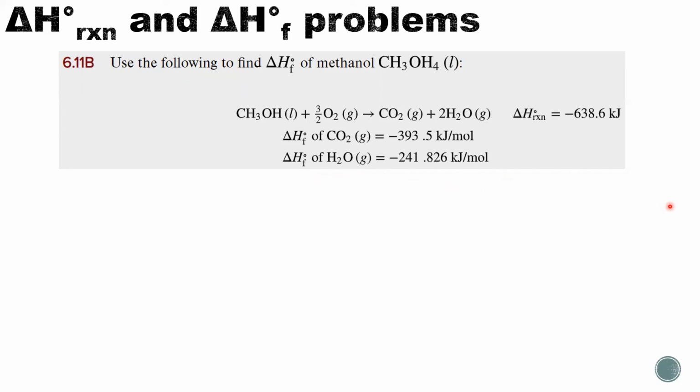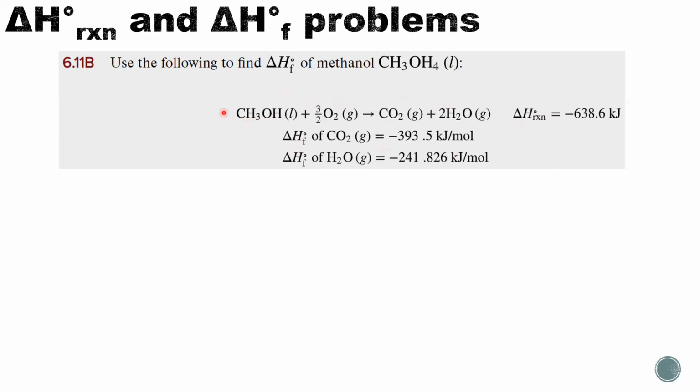Okay, so for this question, it's a different way of asking. Usually the standard heat of formation is provided, and then it's asked for the standard enthalpy change of the reaction. So in this case, it's just a different way of asking. It tests you on the same equation. So we have 4 different chemicals in this reaction.